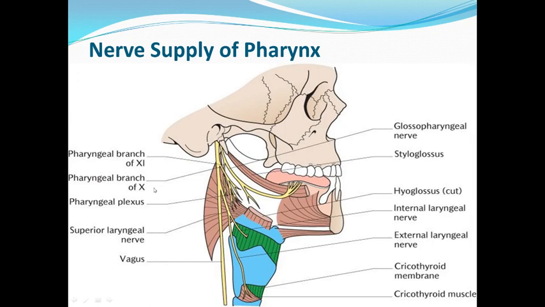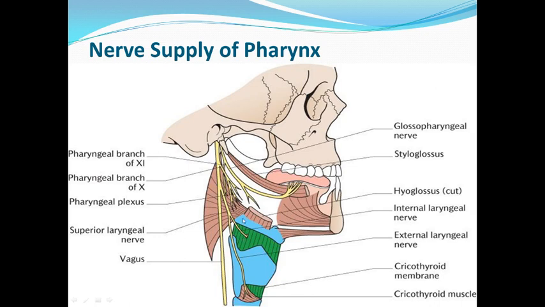And talking about the taste sensation from the vallecula or the epiglottic region, the taste sensation will be through the internal laryngeal branch of the vagus. This is the vagus, and this is the internal laryngeal branch of the vagus. You can trace it.